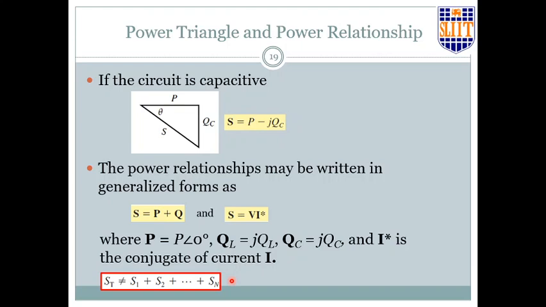If you want to find the total apparent power, you have to find PT and QT, draw the power triangle for the total values PT and QT, and find S. So in that case, ST is equal to PT plus QT.